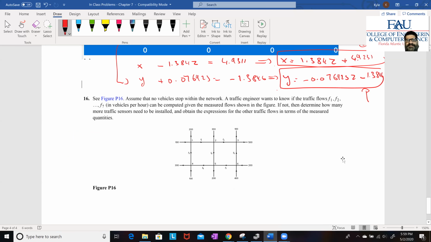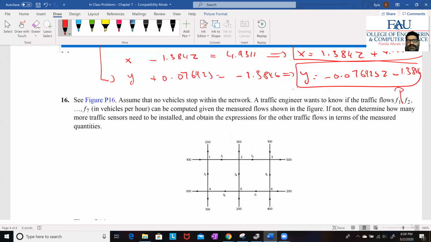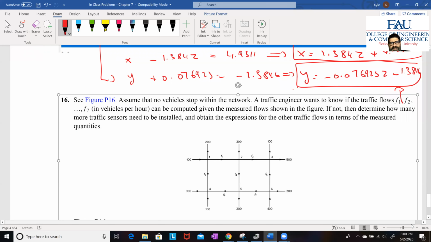Okay, so maybe I can enlarge this one here. Assume that no vehicles stop within the network. A traffic engineer wants to know if the traffic flows F1 to F7 in vehicles per hour can be computed given the measured flows shown in the figure.